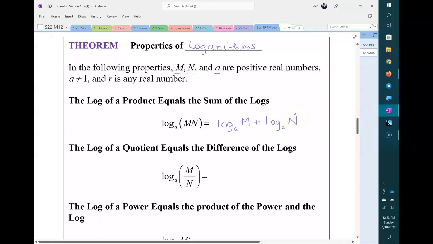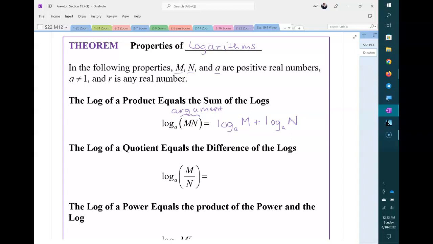So if you have any two things multiplied together in the argument of the logarithm, so this part where it's what you're finding the logarithm of is called the argument, because that's a lot shorter than what you're taking the logarithm of. And we have log base a of capital M, the first factor, plus the log base a of capital N, the second factor.